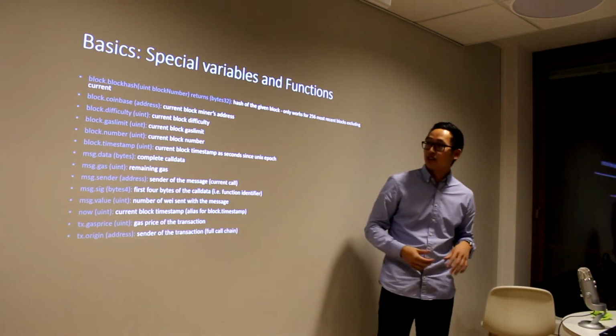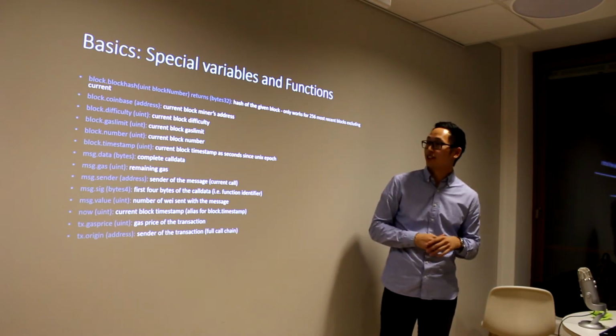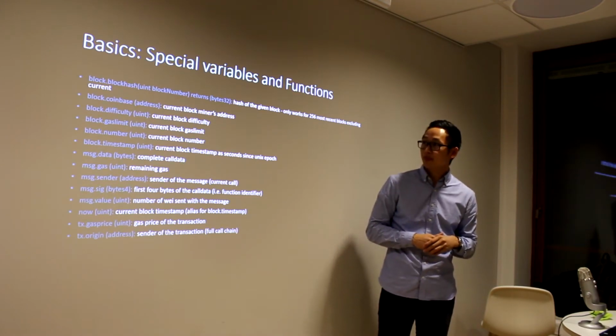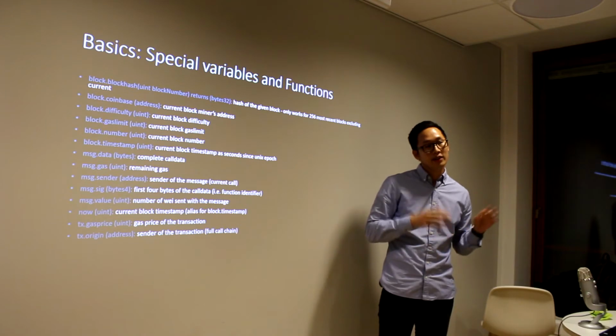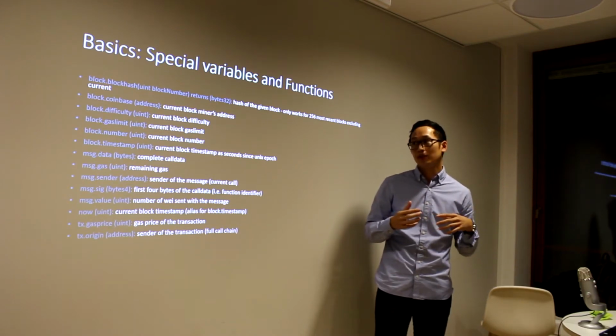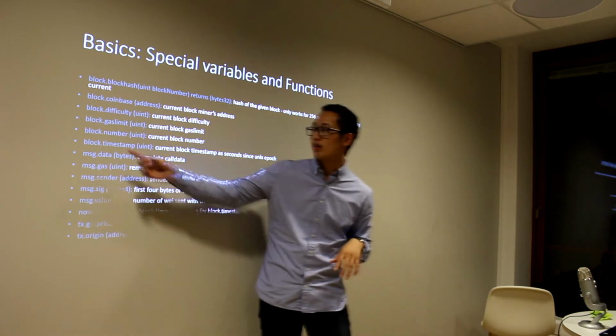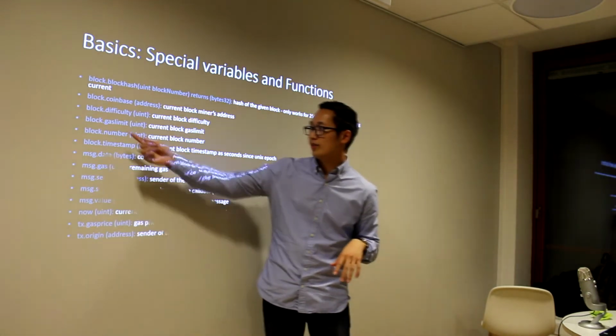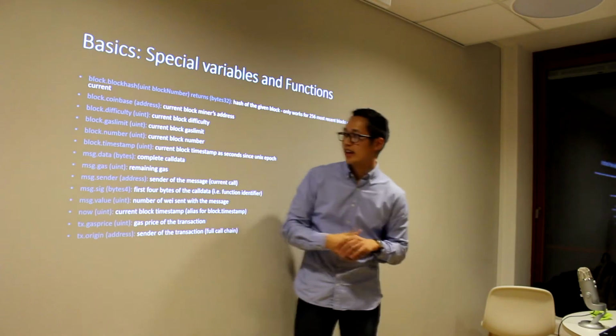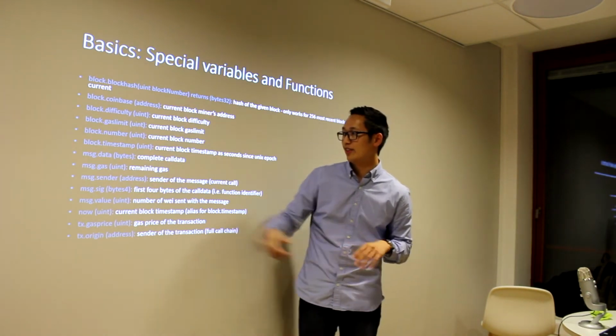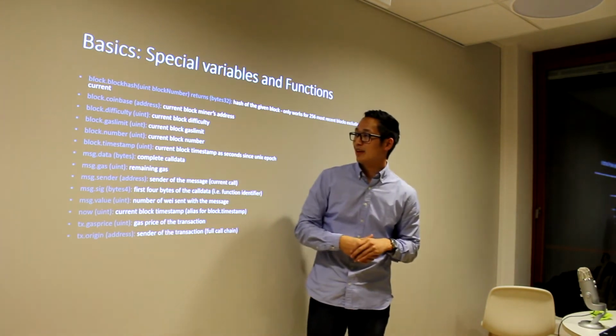And then we have some special variables and functions. If you want to know something about the block, you can use the block variable. If you want to know the gas limit, just write block.gaslimit or block.timestamp. Yeah.